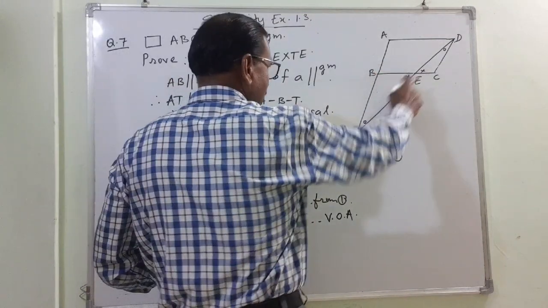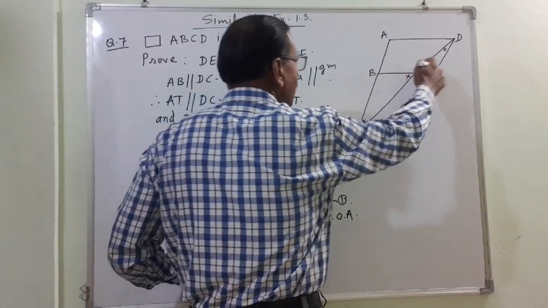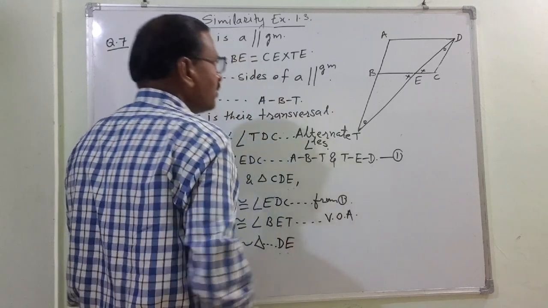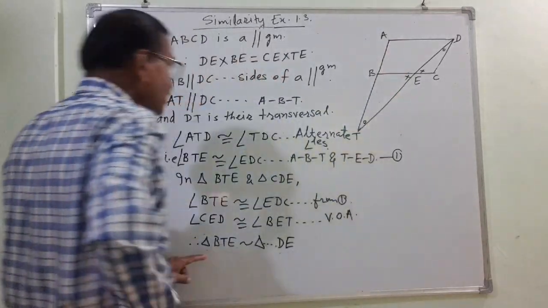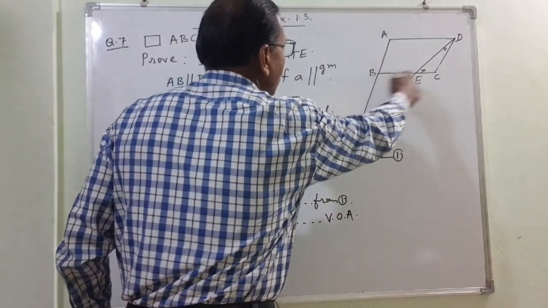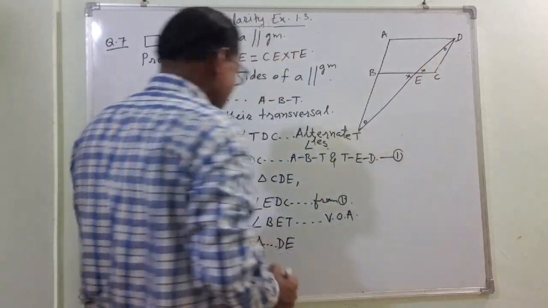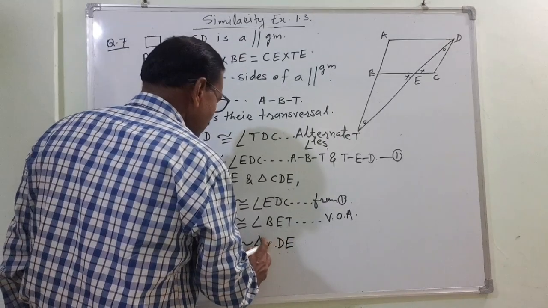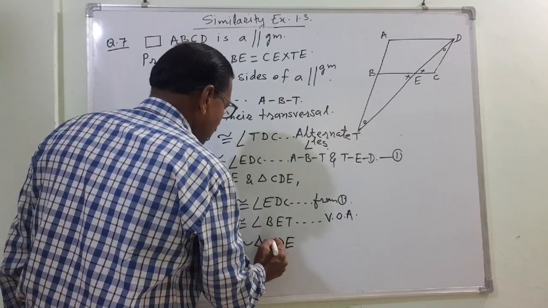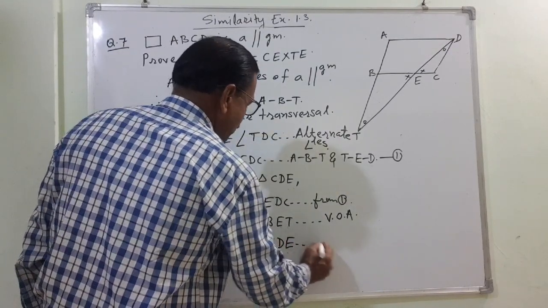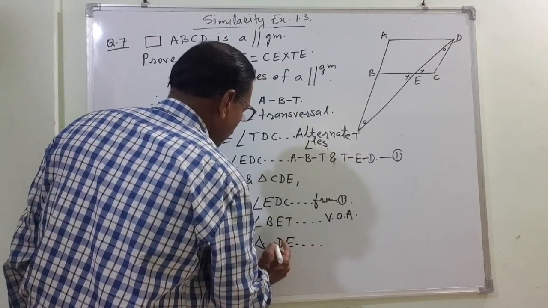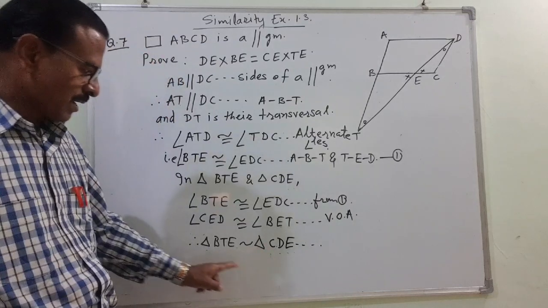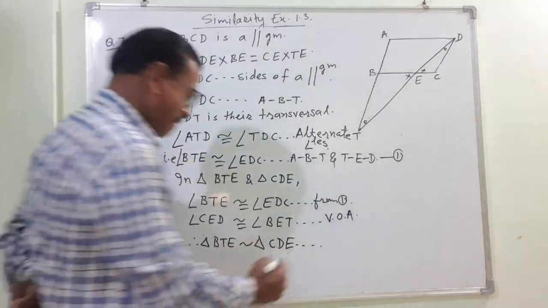E of this angle is equal to E of that angle, so E at the last. Now of that triangle, BT is over. Who is remaining? C is remaining, so here I will write C. This way you have to think, because many students struggle in writing this correspondence.